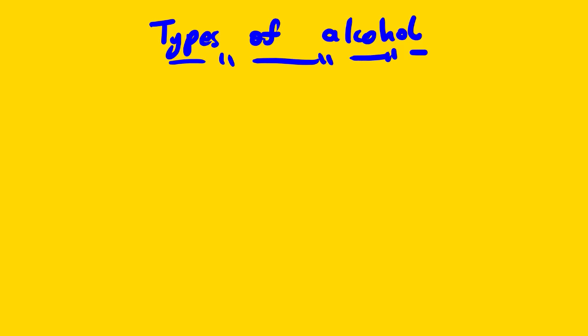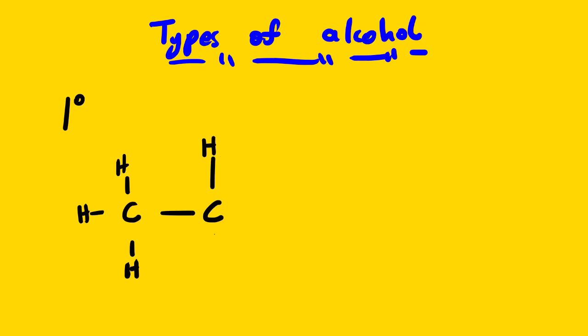Let us look at the example of the primary alcohol. So we look at carbon. If that carbon is bonded to another carbon, remember that we look at the carbonyl carbon. The carbonyl carbon is the carbon which is bonded to the hydroxy group. In this case, this is our carbonyl carbon, and you can see that this carbon is bonded to only one other carbon.